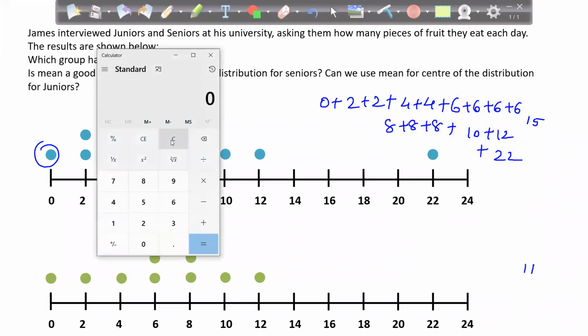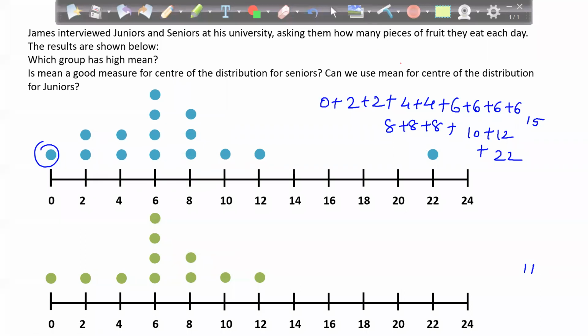So let's calculate that quickly and see what the output is. Here I will add 2 plus 2 plus 4 plus 4 plus 24 plus 24 plus 44, which gives 104, divided by 15. 6.93 is the mean coming in, right?